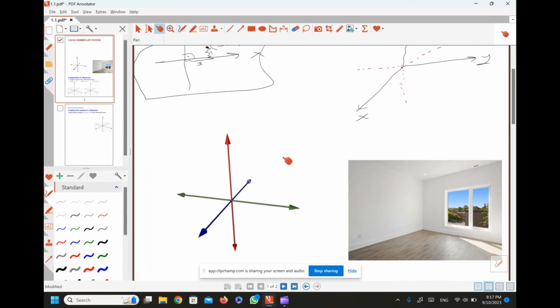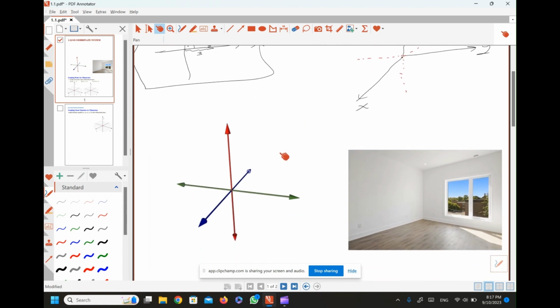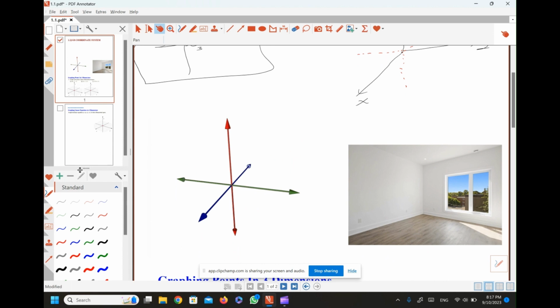So let's take a look at the room that you are sitting in right now. Imagine the right side, consider the right side wall as y-axis. Consider the left side wall as x-axis and consider the edge, the corner, as z-axis.